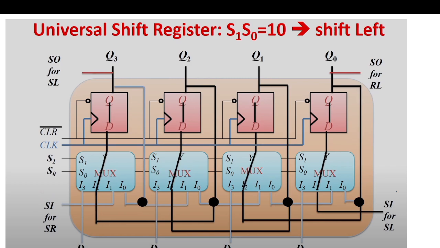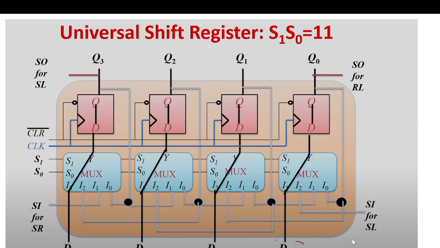And for left shift, input will be applied from here, and 1 bit of data gets shifted in this direction. And 1 1 is the parallel shifting, so we get the input applied directly here, and it comes to the parallel out.